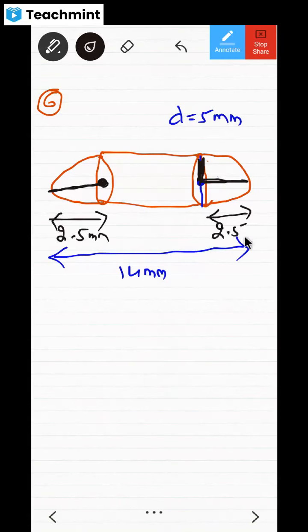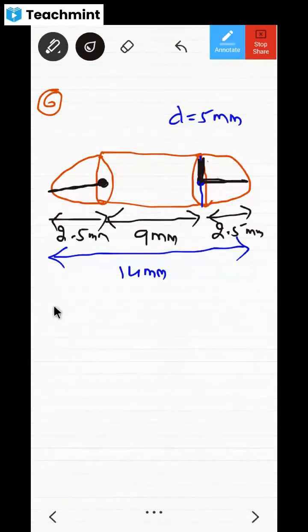Half of 5 means 2.5 millimeter only. How much will remain in the middle? The two radii take 5, so 9 millimeter will remain.